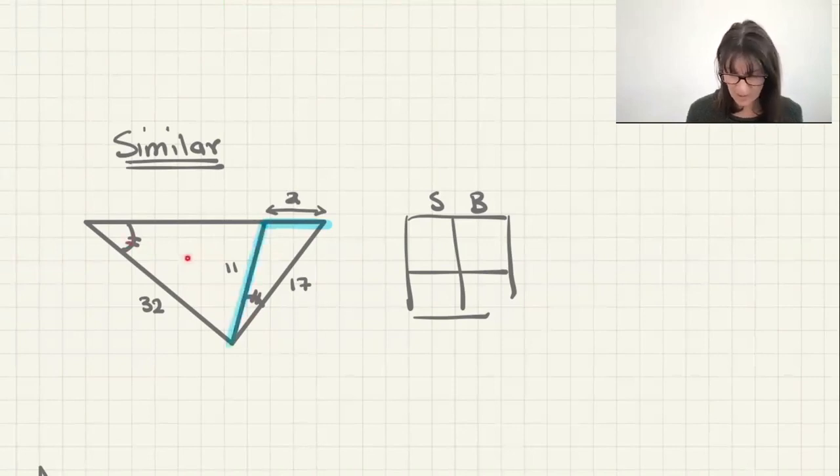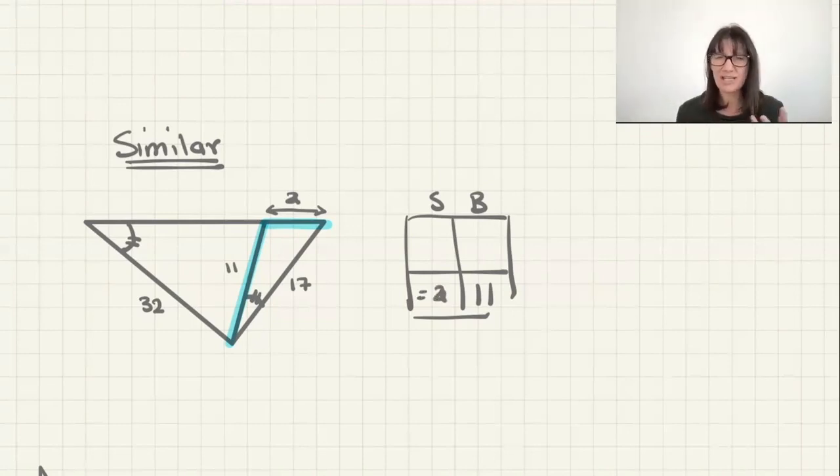It's opposite this one. So the 11 is on the big triangle. And the A, what I want to equal, I'll pop it in there just so that I can see it is there. That leaves me 17 and 32. I have to have a pair that's going to help me solve this, guaranteed. So the 17 is on the small, the 32 is on the big, and now I've got everything I need.